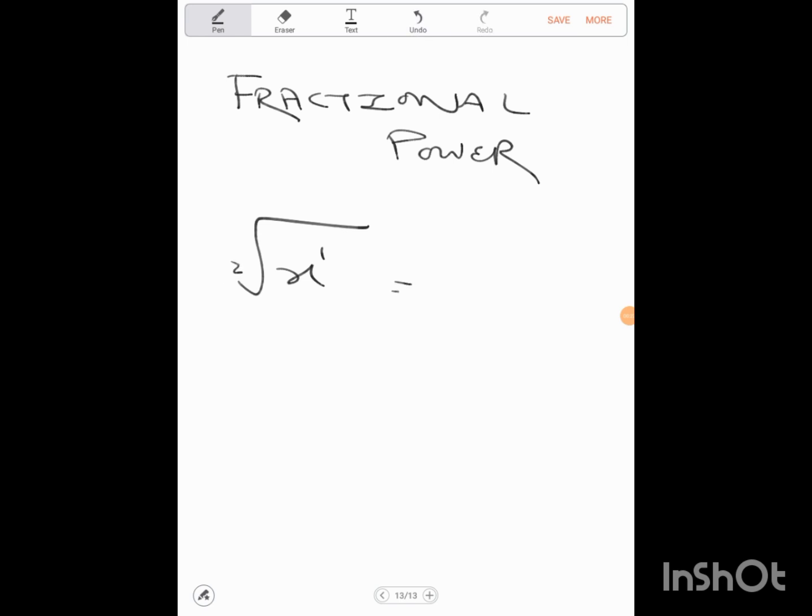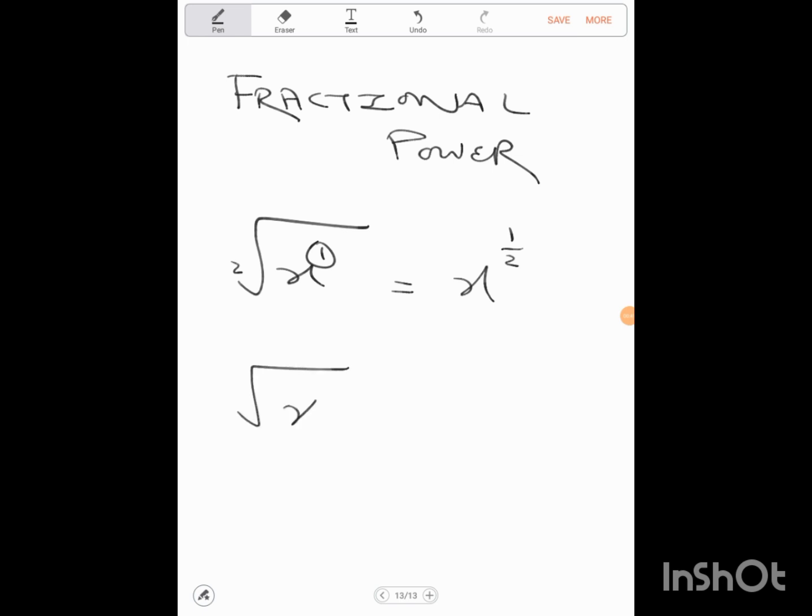So how will you convert the base into a fractional power? We're going to write x. The power that is inside the root will come in the numerator, and the number that is written on the root sign is going to come in the denominator. So it's going to be x to the power of half.